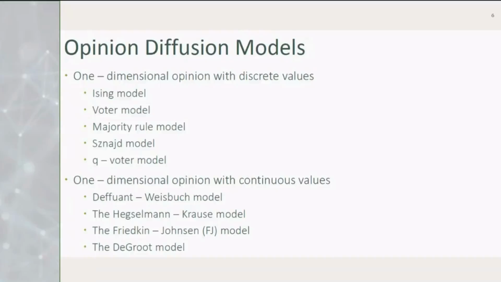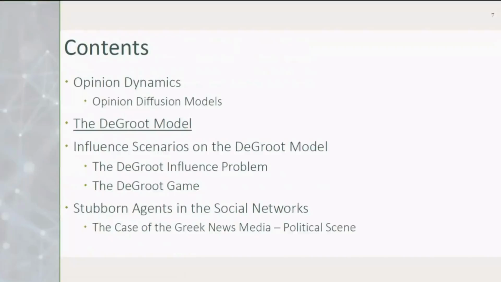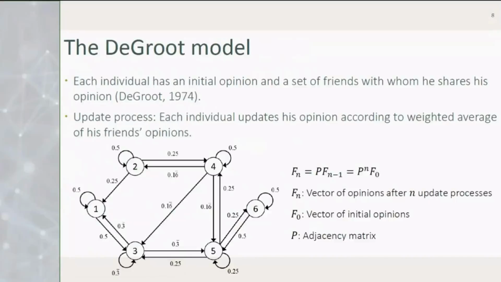And in the case of continuous values for opinions, we have the Deffuant-Weisbuch model, the Hegselmann-Krause model, the Friedkin-Johnsen model, and the DeGroot model, which we will discuss later on, since it is one of the most prominent models that is currently used in computer science, and it is based on a simple and simplistic yet very efficient basic idea.